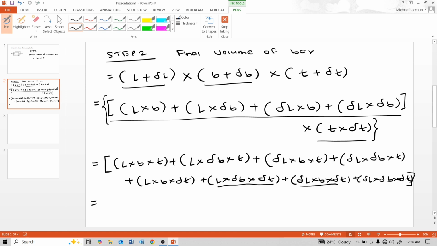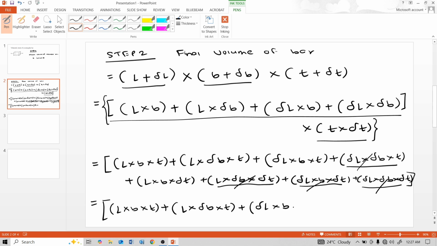Ignore delta B multiplied by delta T, delta L multiplied by delta T, and delta L multiplied by delta B by T. Only the remaining final volume of bar is L into B into T plus L into change in breadth into thickness plus change in length into breadth into thickness plus length into breadth into change in thickness. So this is final volume of bar.